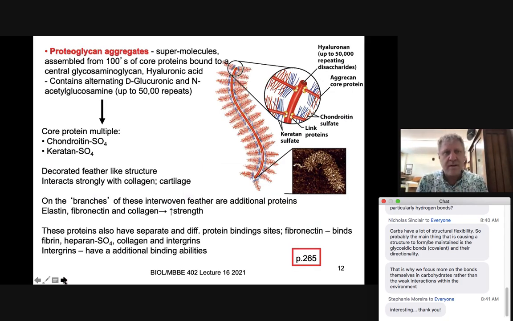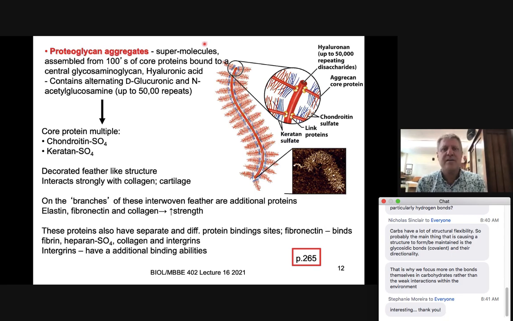When we look at our proteoglycan aggregates, as I said, a bit like the feather star component, the constituents that provide this are these little outbranched areas which have the capacity to bind stuff.